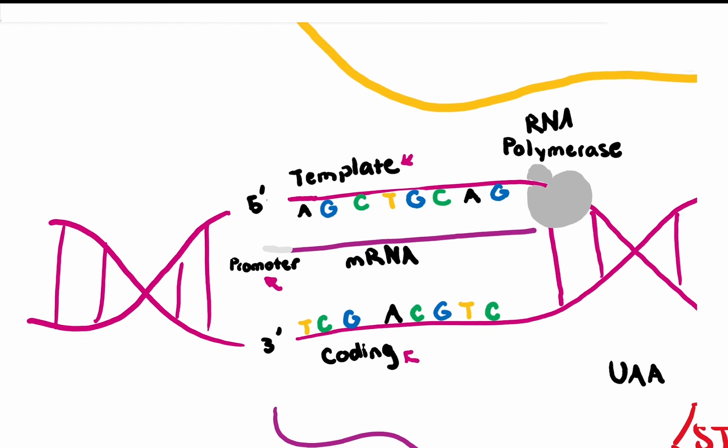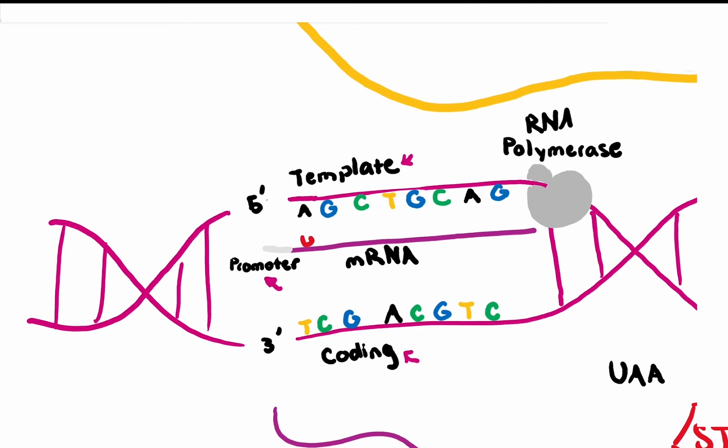Now, we've gone over this in past lessons, so I want to give you the chance of guessing what our mRNA strand is in this case. Your template strand is AGCT, GCAG. If you want to write this down or just think about it, what is our mRNA strand? I'll give you a second. So hopefully you've paused the video, but our mRNA strand starts with uracil.